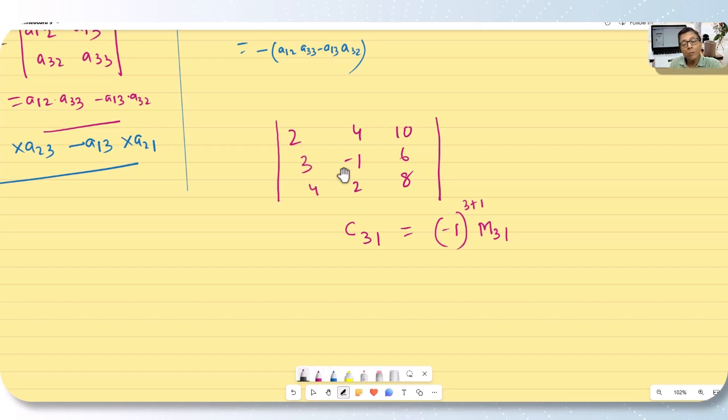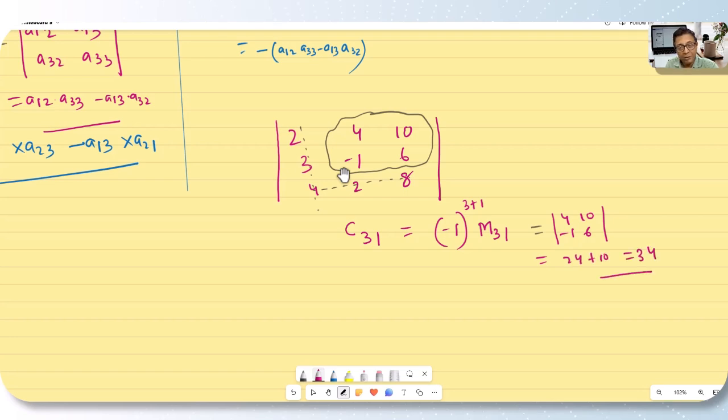Apart from this row and this column, whatever is there, that we have to take for the minor. This becomes minus 1 to the power 4, which is plus, M31 is 10. This is 24 plus 10, of course. You are right, it will be 34.